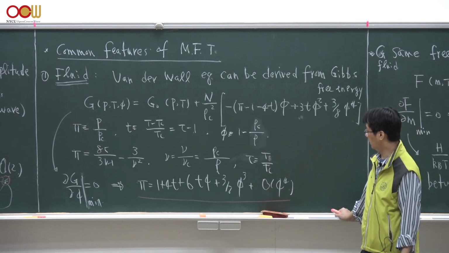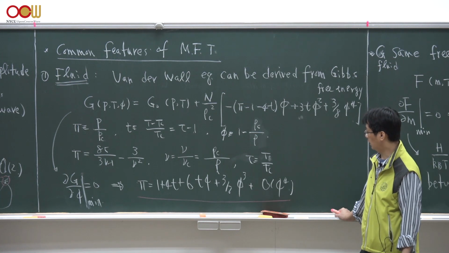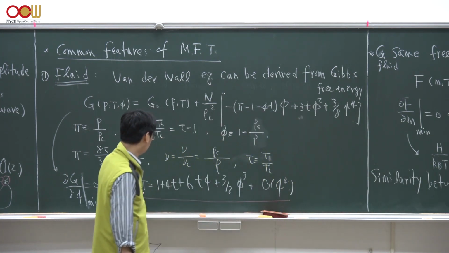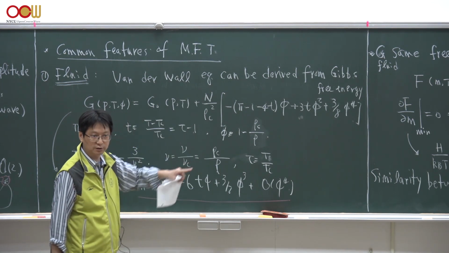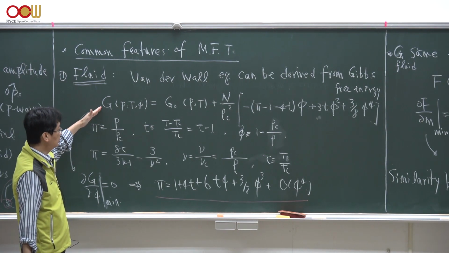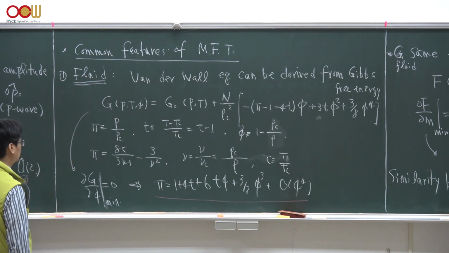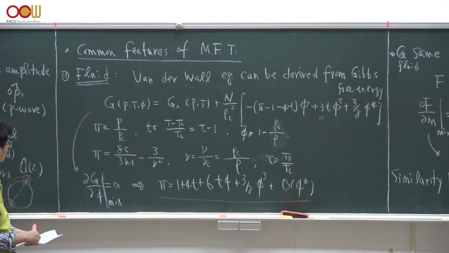When we are exactly at the transition, where rho is equal to rho c, and phi vanishes, we can still have an equation of state. This pi plays a similar role as the magnetization in the Ising case. So we can construct this Gibbs free energy, which you could check in our textbook or other references on how to construct the Gibbs free energy based on fluid dynamics.